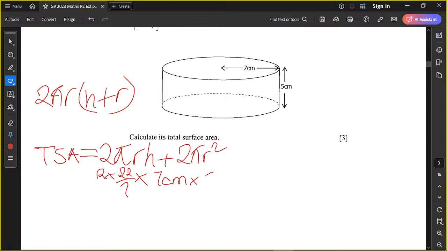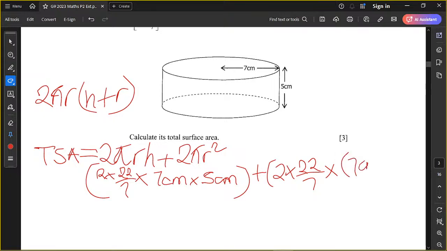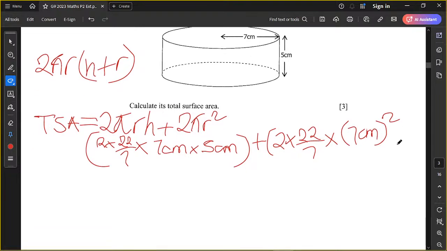Then all of that plus 2 times 22 over 7 times 7 centimeter squared. Okay, so that is the formula.